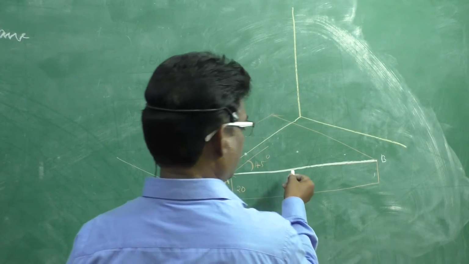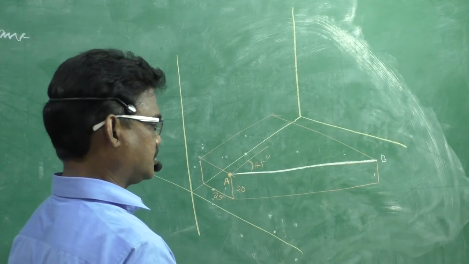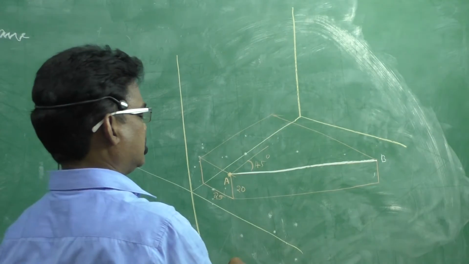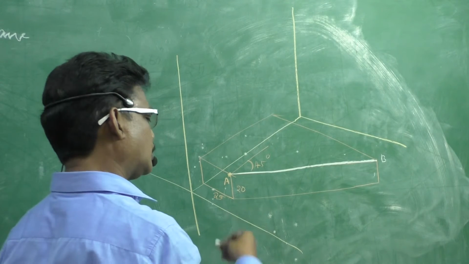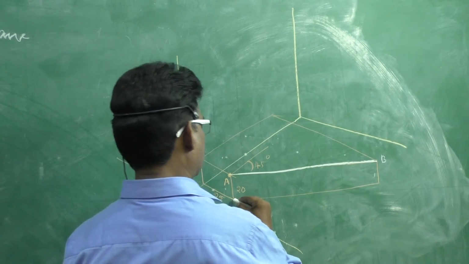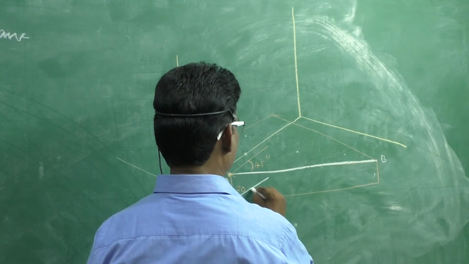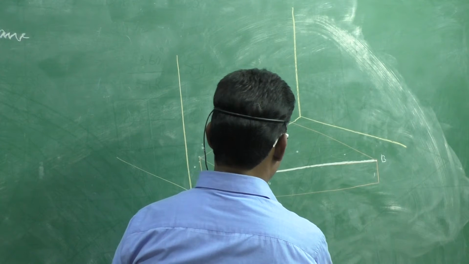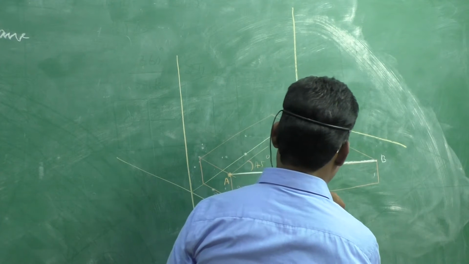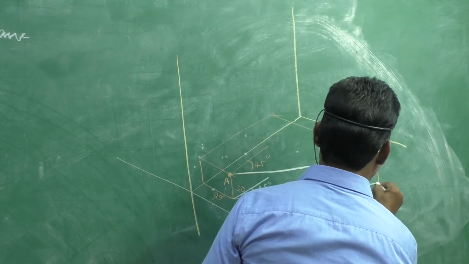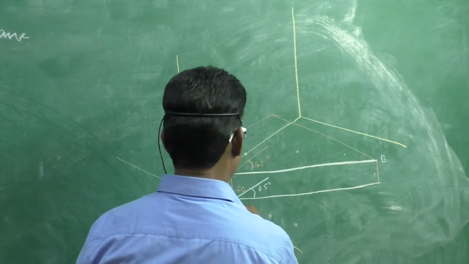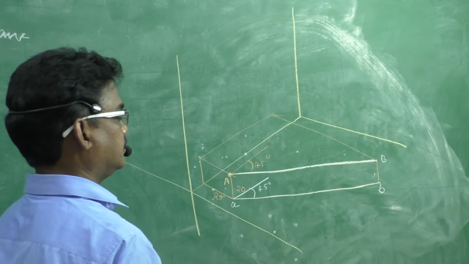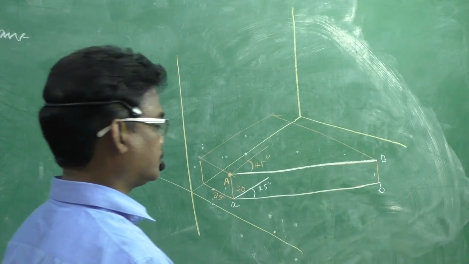It is parallel to HP. If it is parallel, in the top view we can see the true length and true angle of inclination. That means this is equal to 45 degrees. This is the top view, let it be A, B. Now come to the front view.